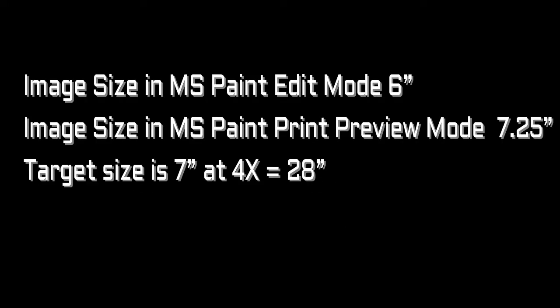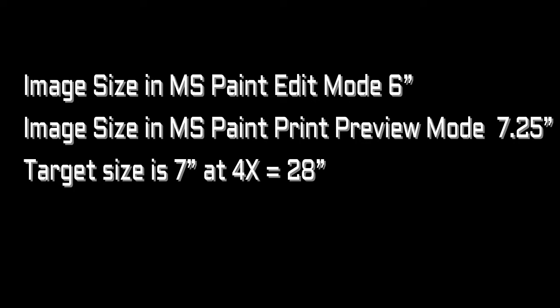So here's our sample circumstance. The image on MS Paint in the edit mode is 6 inches, but when you go into print preview mode, which is the desired method, the image goes a little bigger at 7.25 inches.